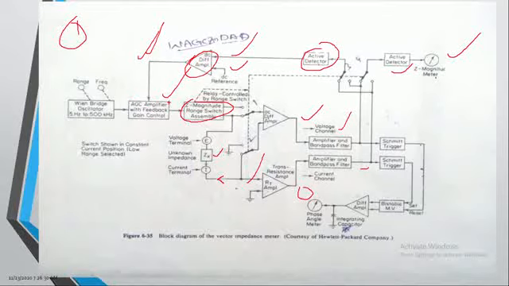When it is adjusting the gain, this output is used for changing the impedance range switch. When it is changing the impedance range switch, we are interested to calculate the accurate value, as well as the type of the element, whether inductive in nature or capacitive in nature. That is the intention of this vector impedance meter.